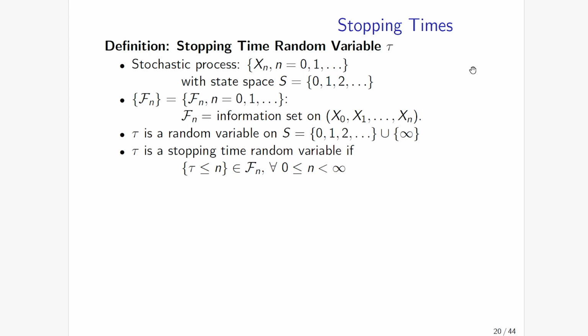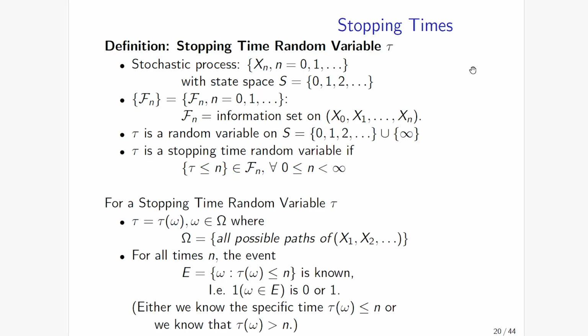The notation here is a little bit tricky. We think of this event as the set of underlying probability states where the tau variable is less than or equal to n, and at any time n, we know whether this set has occurred or not. So the stopping time is a random variable, and it could be infinite. It takes values in the set varying from 0 up to possibly infinity if the process never stops.